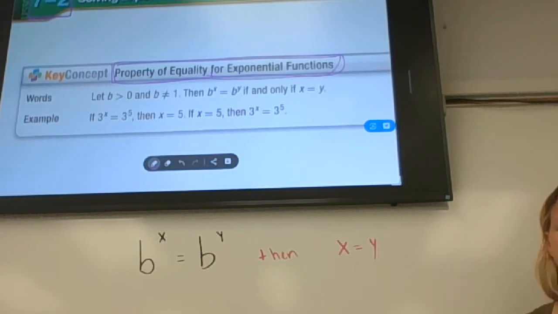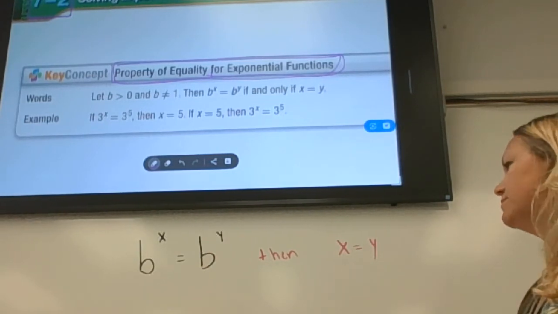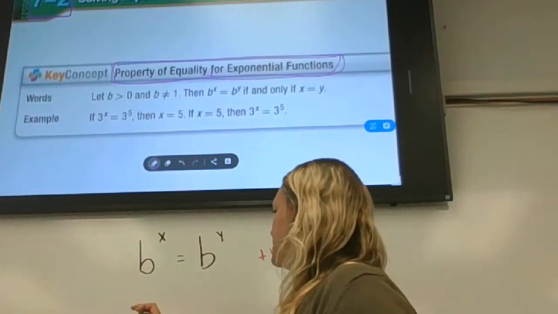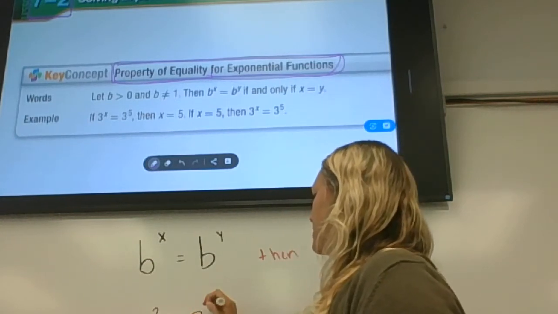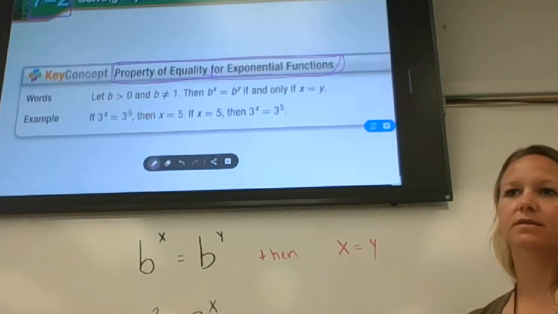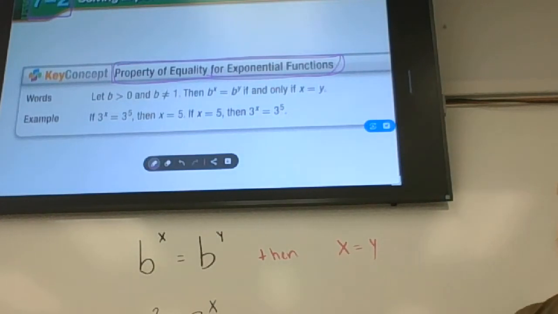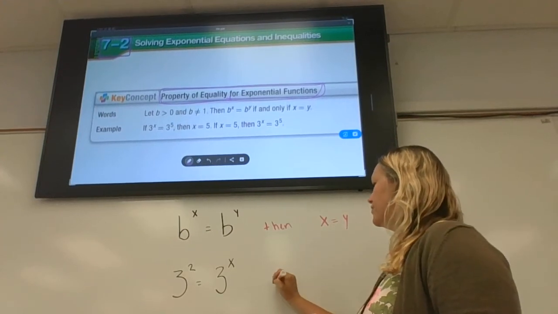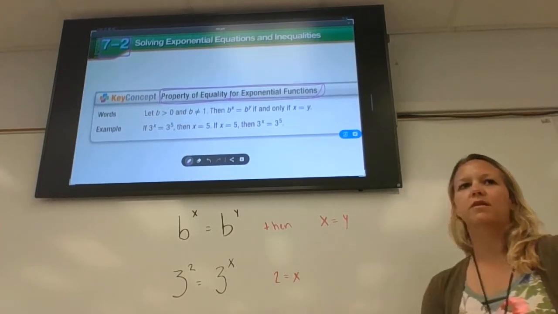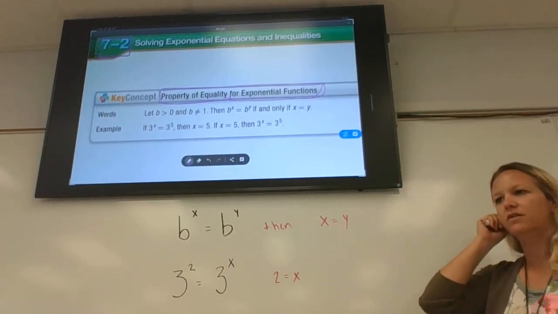It has to be true. Let me show you this. If I had 3 squared equals 3 to the x, would you feel confident in going ahead and saying that for sure 2 is x? Yeah, that feels good.